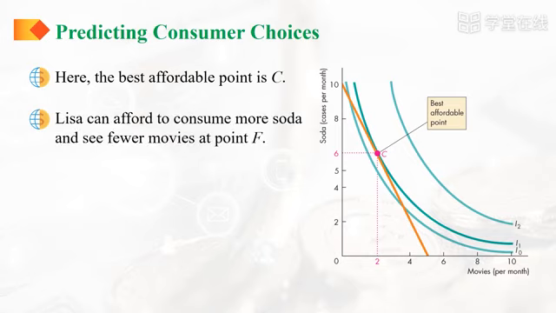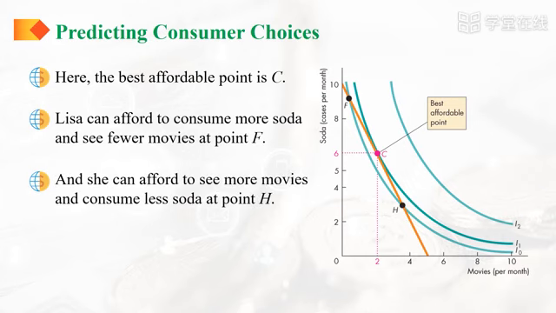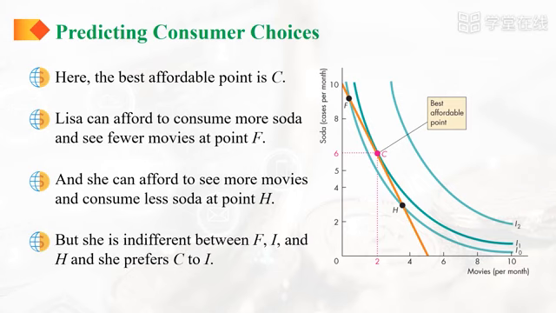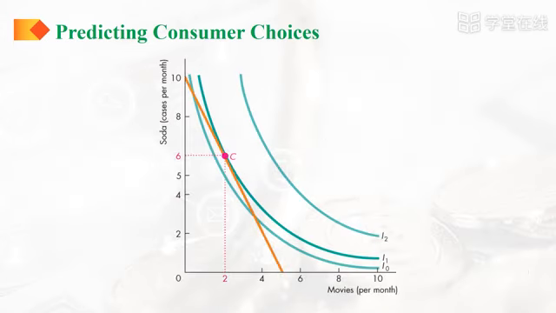That is, she can afford to consume more soda and see fewer movies at point F, or she can afford to see more movies and consume less soda at point H, or she can afford to see just enough movies and cases of soda at point C. However, she's indifferent between F, I, and H, lying on the lower indifference curve I0. Then she will definitely prefer C to H, F, or even I.